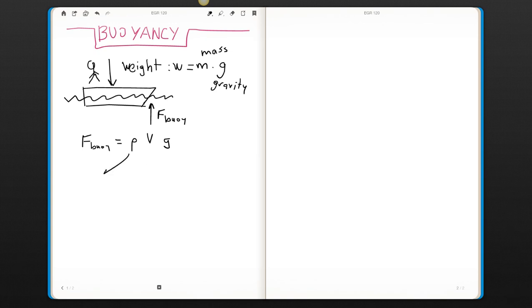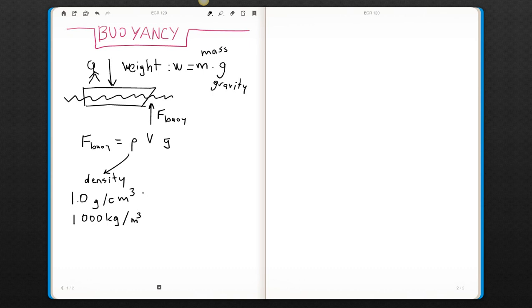So this is your density, and for water it's 1 gram per centimeter cube, or 1000 kilogram per meter cube.